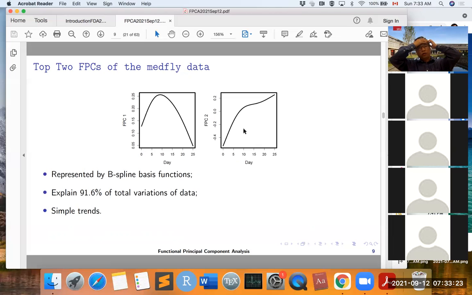Yes. I remember that when we do machine learning for curves, if you want to find the features from the data, 90% of the time the first feature of the data will be the average of the data, right?